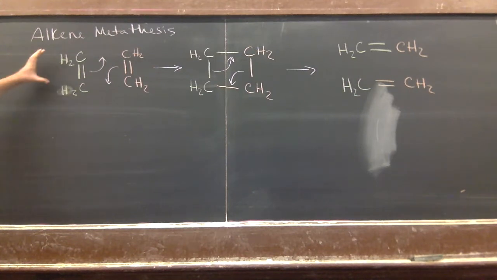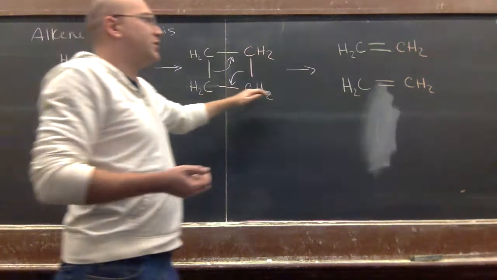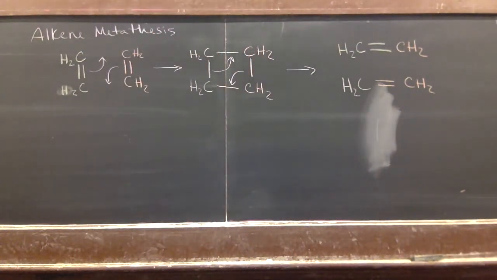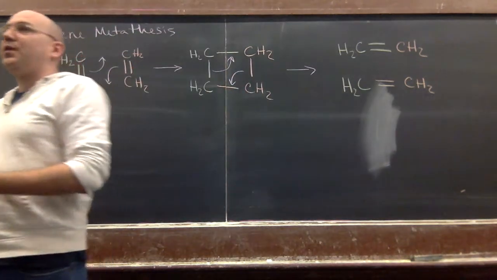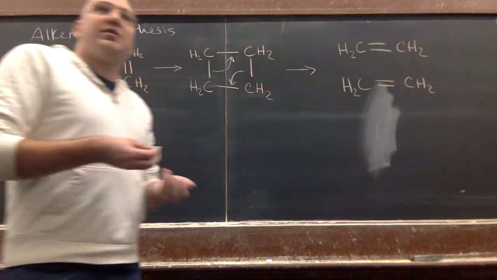These 2 carbons were joined by a double bond, and these 2 carbons were joined by a double bond. Through this 2 plus 2, retro 2 plus 2 process, we've effectively changed the partners, so now, instead of the 2 greens being together, we've flip-flopped it so that the green and the red are together.